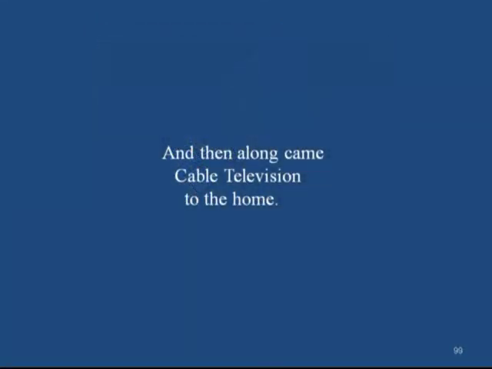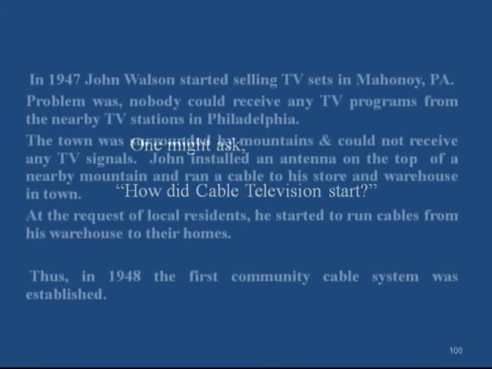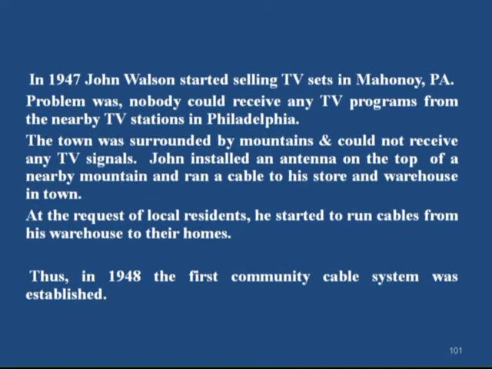And then along came cable television to the home. And you might ask, how did cable television start? Well, people want to make a buck. In 1947, John Walson started selling television sets in Mahoney, Pennsylvania. The problem was nobody could receive any TV programs from the nearby TV stations in Philadelphia.